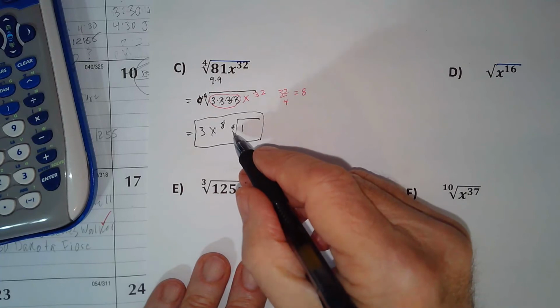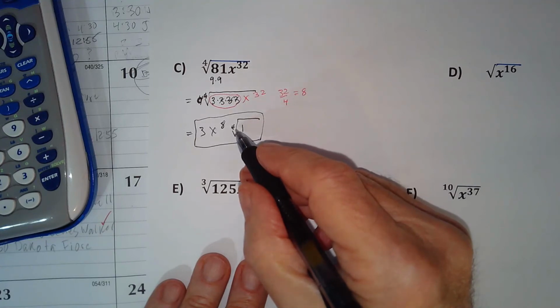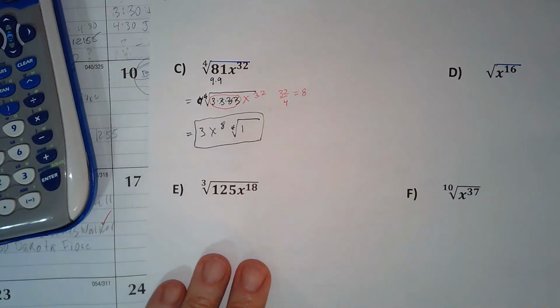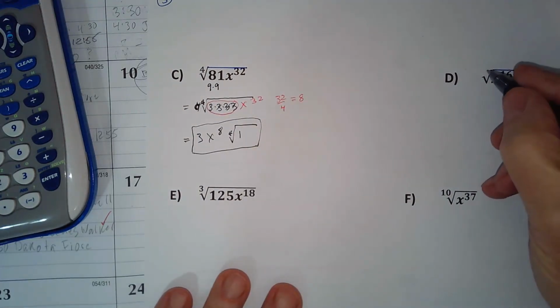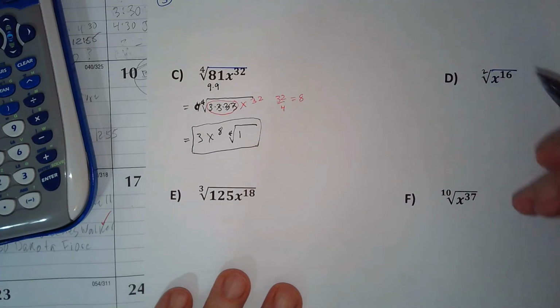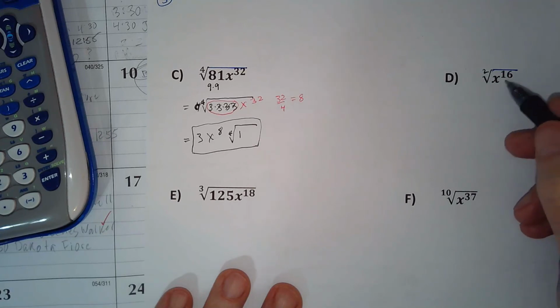Now, the 2 is implied. That's the only one that you can leave out, square roots. But all the rest of them, third root, fourth root, fifth root, and so on, put the index in. Okay. So this one, there's no index, so we assume that it's the square root of x to the 16. So there's only x to the 16 in here.